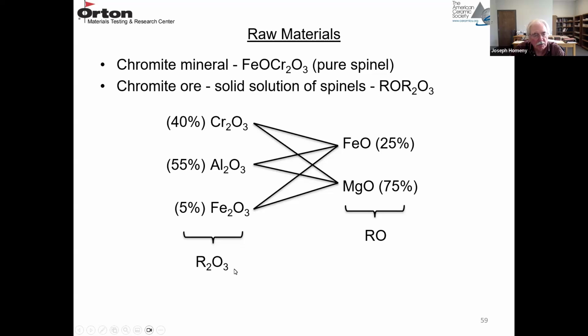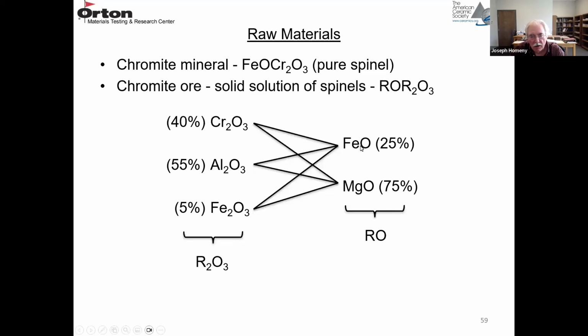So for R2O3, we have Cr2O3, Al2O3, and Fe2O3. And these are the percentages, 40, 55, and 5 that you usually see in a chromite ore. And then for the RO groups, it's FeO and MgO. And these are the percentages that you would usually see in this raw material.